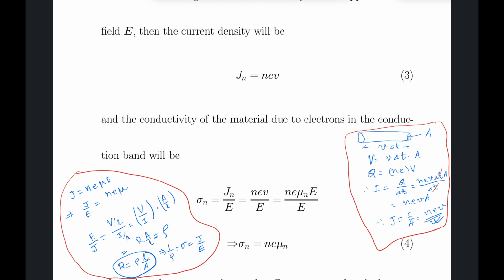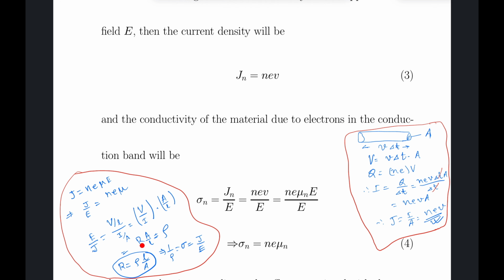E is electric field. So if V be the potential applied upon L, electric field is this. Current density is I upon A. So this is V upon I into A upon L. Clear? V upon I, voltage by current, is nothing but the resistance.